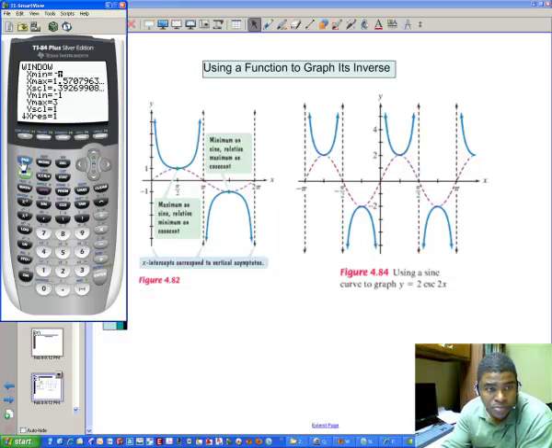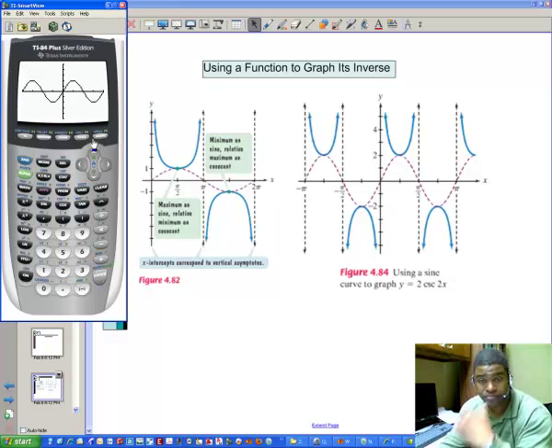I'm going to go from -pi all the way to pi, and then I'll use intervals of pi over 4, and y min will be, looks like, -5 up to +5. So if I graph that function, that's the graph of the sine.